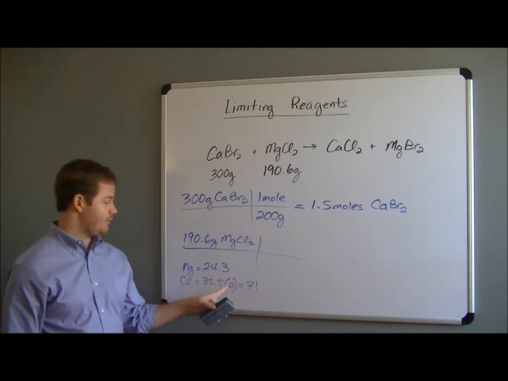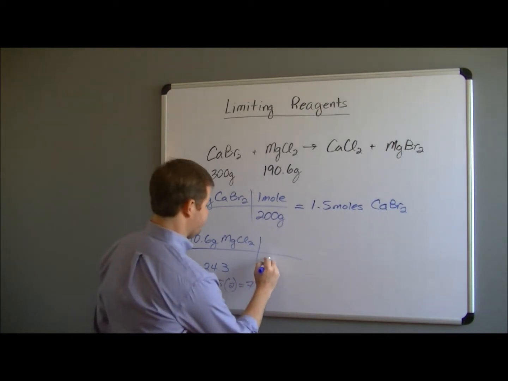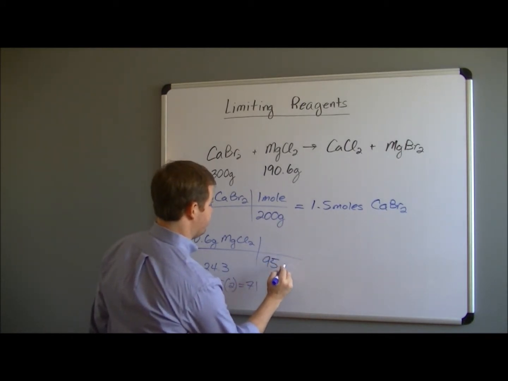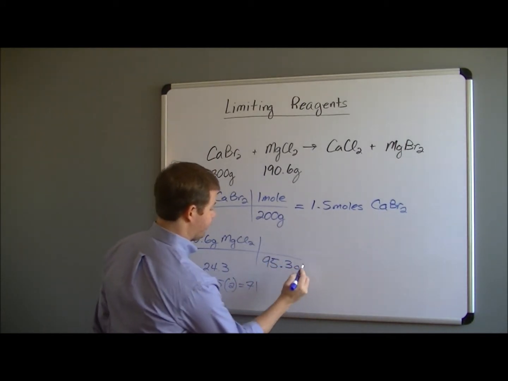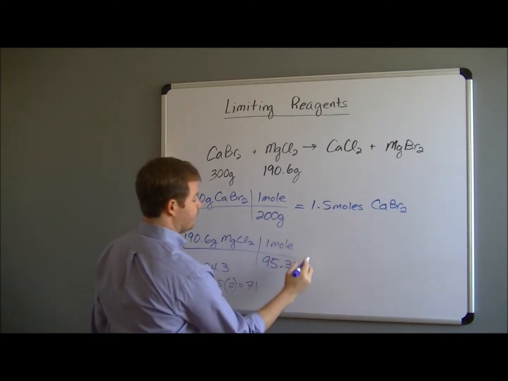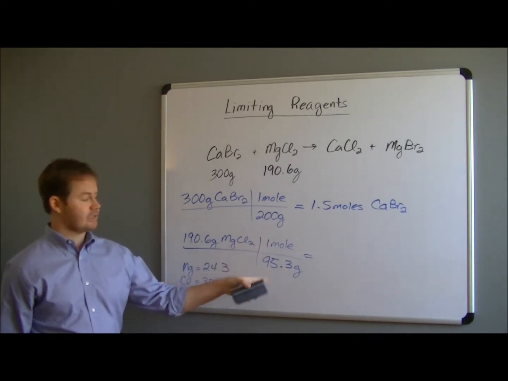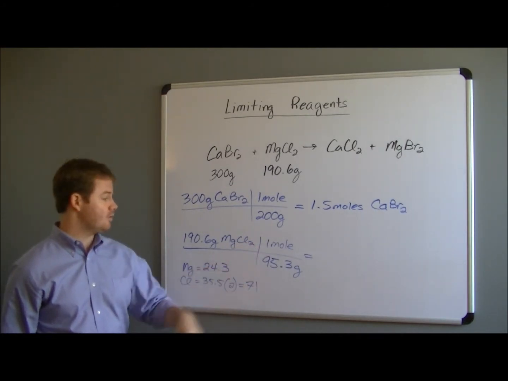So when we add 24.3 and 71, we get 95.3 grams of magnesium chloride in 1 mole of that substance. So our molar mass of magnesium chloride allows us to make that conversion from grams to moles.